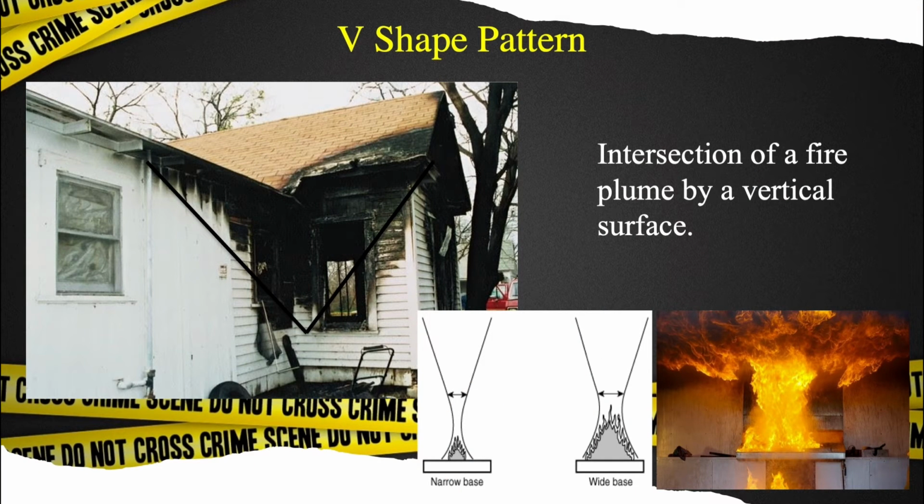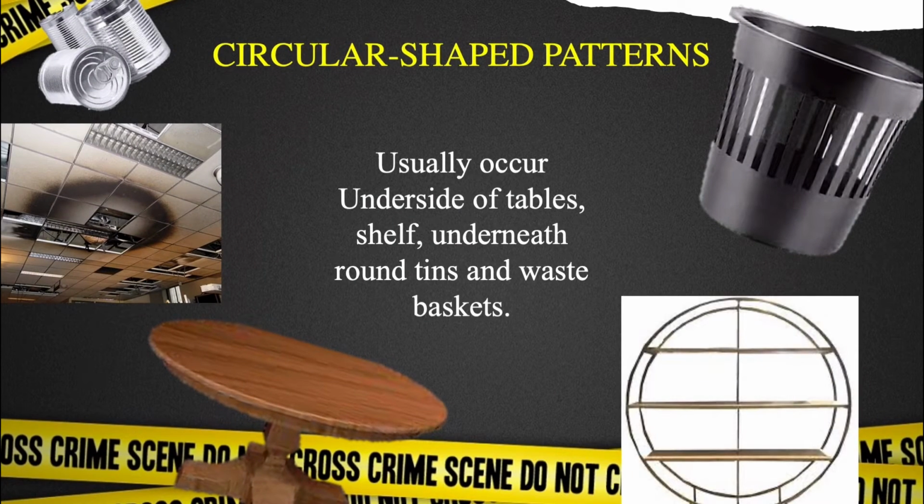Firstly, V-shaped pattern. V-shaped pattern occurs when there's intersection of fire plume by vertical surfaces. Circular shape pattern usually occurs on the side of tables, shelves, underneath of round tins and waste baskets.